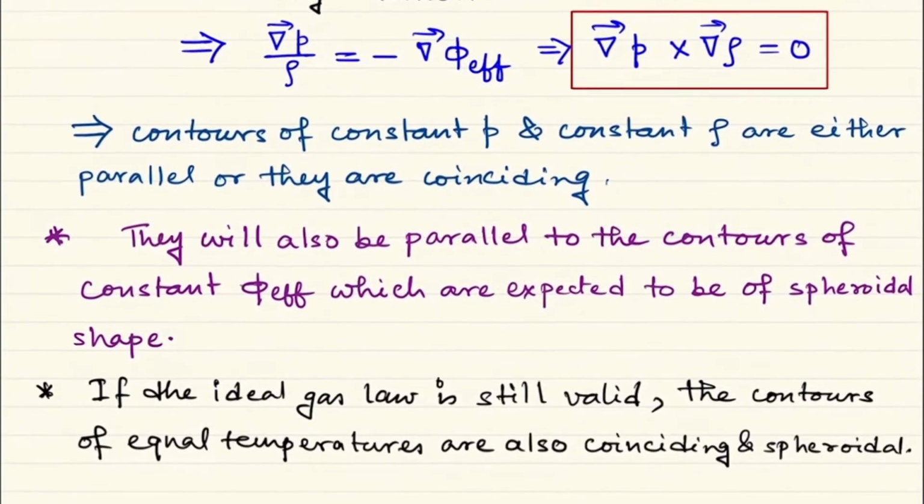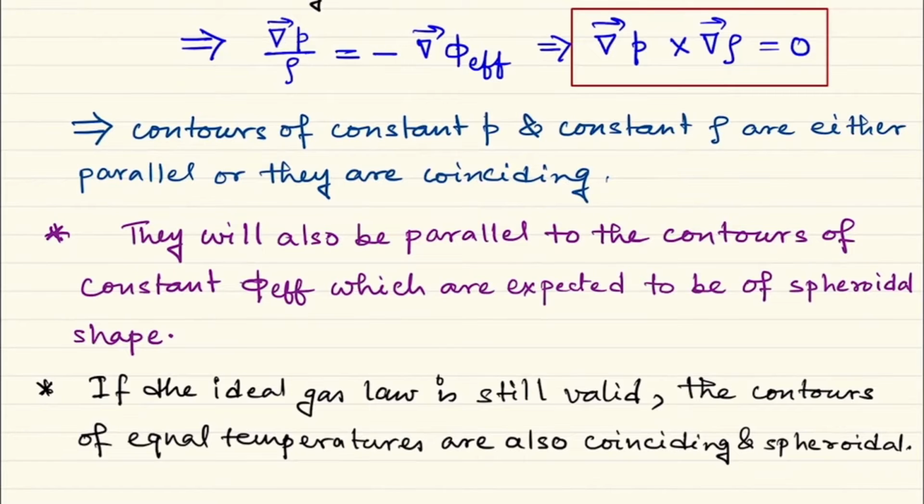Now if they are parallel, then from this equation, which is always valid, this one and this one will also have the same direction, because the gradient of p vector and the gradient of phi effective vector are connected by a rho, which is a scalar.